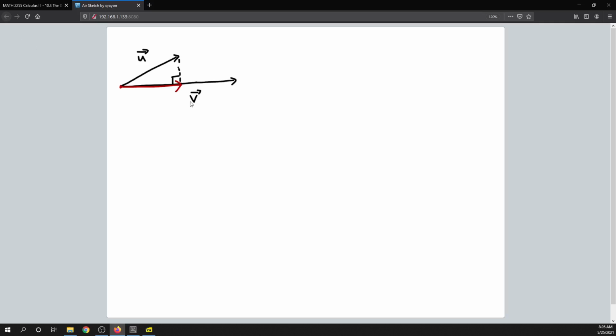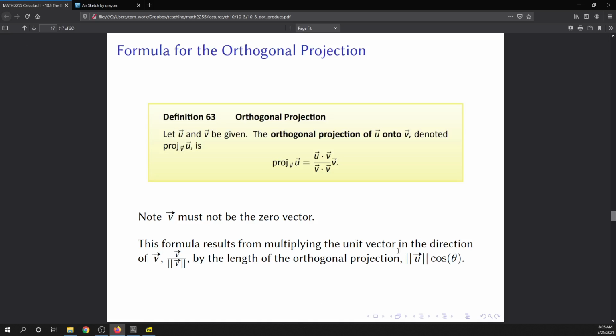Okay, and so to get that vector, what we're going to do, like this thing says here, is multiply the unit vector in the direction of v.